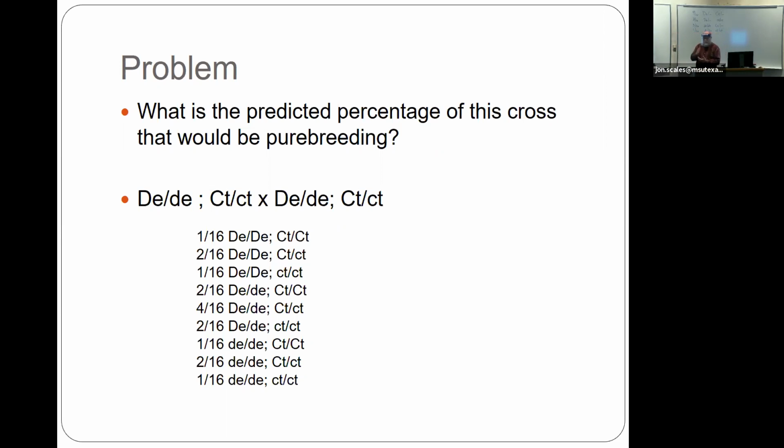So which ones of these are homozygous at both loci? Let's look. Is this one homozygous at both loci? This one? This one? Yes. This one? Nope. Nope. Nope. Yes. Nope. Yes.